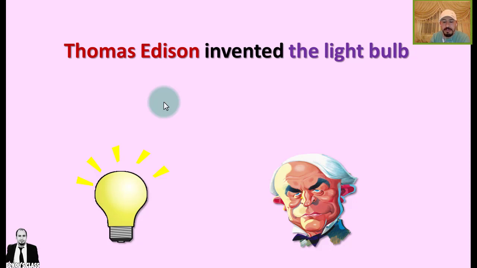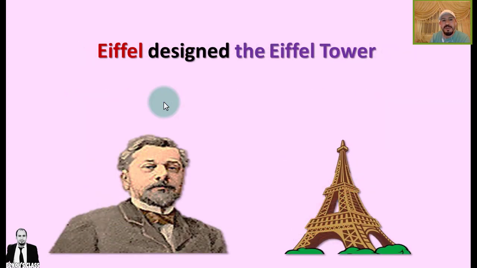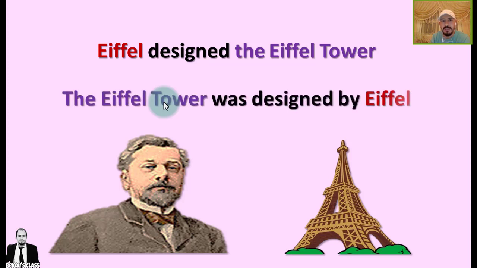The light bulb, again, we start with the object, was invented by Edison. Eiffel designed the Eiffel Tower. Okay, so we start with the Eiffel Tower again. The Eiffel Tower was designed by Eiffel.